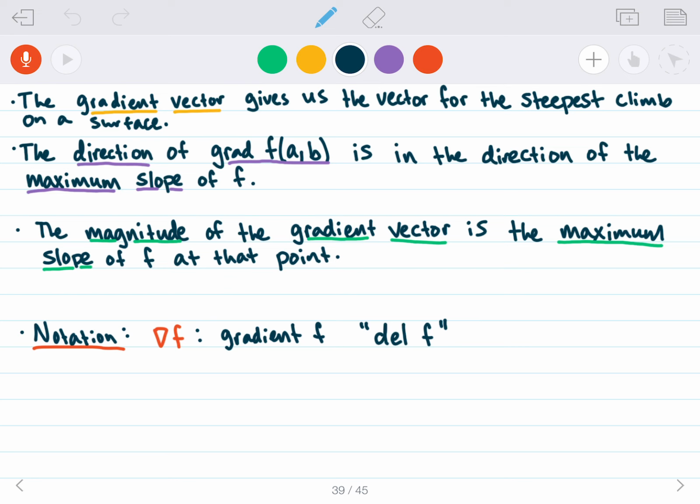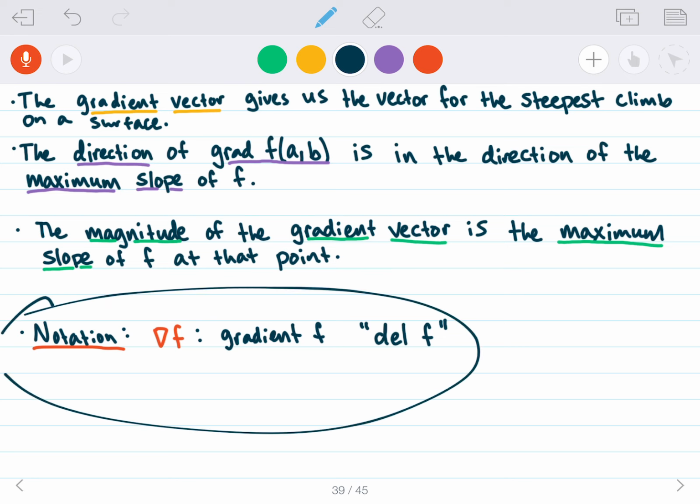And finally, the magnitude of the gradient vector is the maximum slope of f at that point. So we can always find the maximum slope on a surface if we know what the gradient vector is. Again, I already mentioned this, but this is just other notation. This is the gradient of f. We say del f, all right?